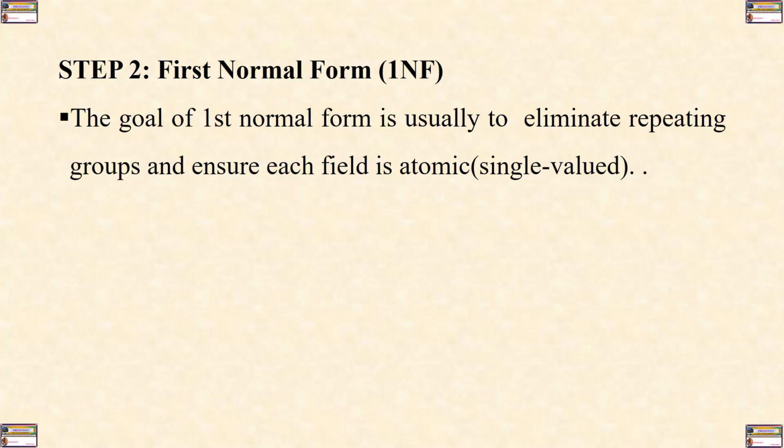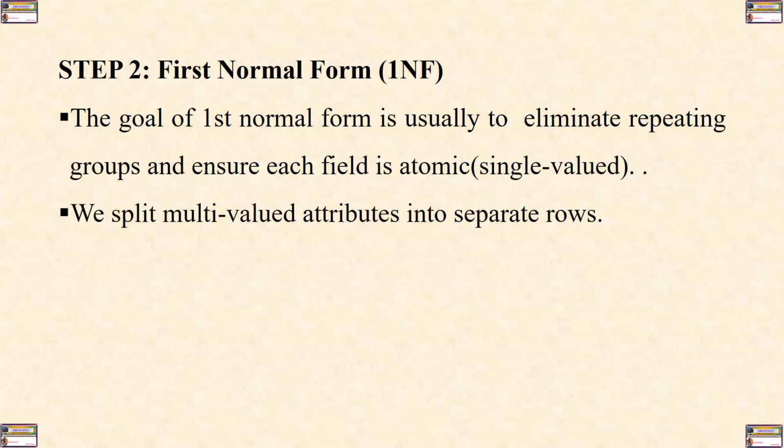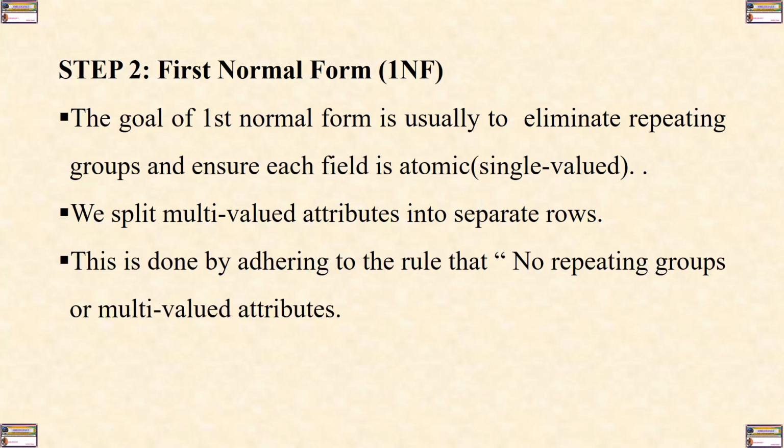The goal of first normal form is usually to eliminate repeating groups and ensure that each field is atomic. That is, each field contains a single value. So what we do is we split multi-valued attributes into separate rows. Those fields that I've already explained in the unnormalized table that contain more than one piece of information or data, we are going to split them, and we make them separate rows.